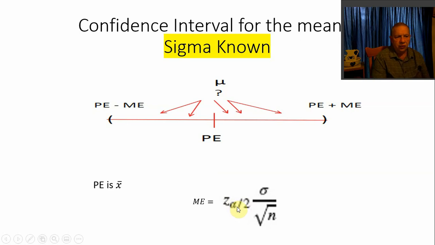Here is Z alpha over 2. We'll talk about that as we go. Then sigma divided by the square root of n. N is your sample size. If you don't have the population standard deviation, you can't just plug in the sample standard deviation and make it work. You've got to change everything. I can get the Z alpha over 2, I've got to have sigma, and I've got to have the sample size.